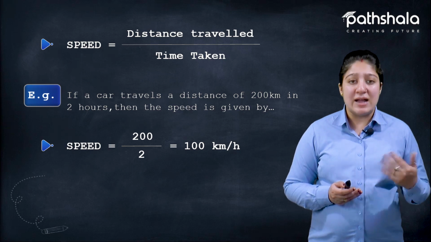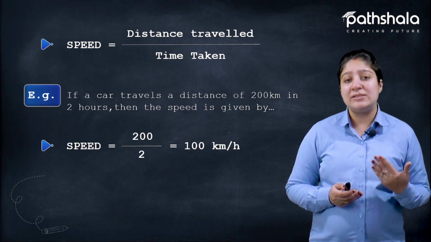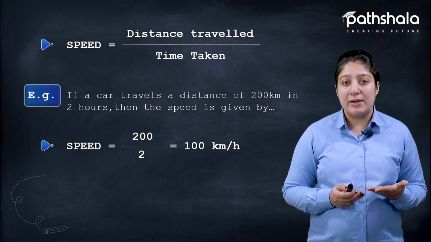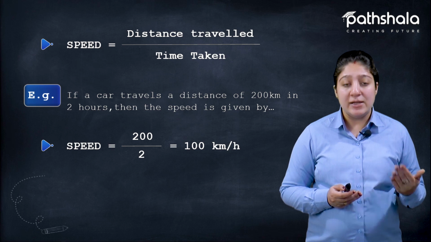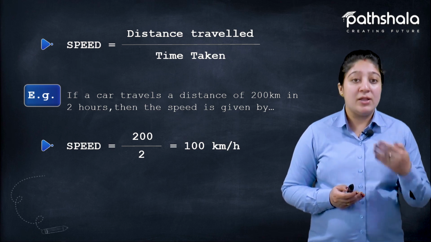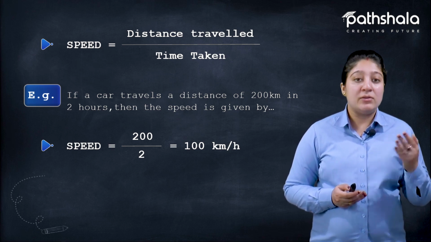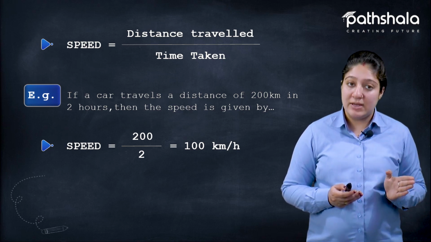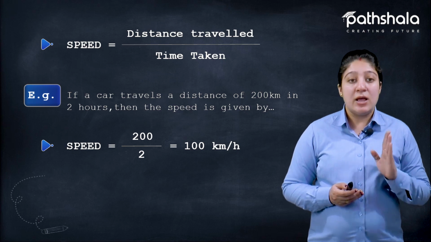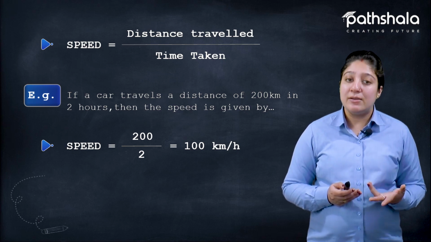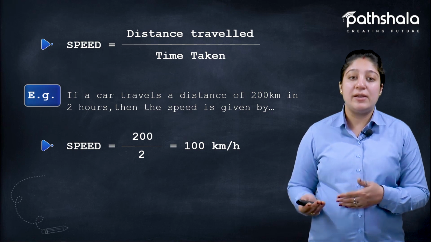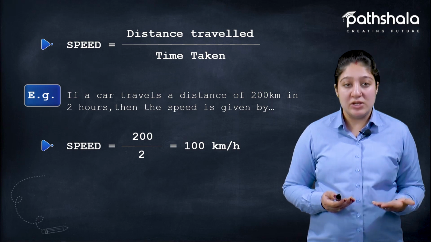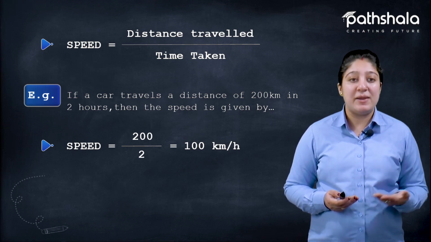If the question asks you to give the speed in kilometer per hour or meter per second, do accordingly. If not, then see these units. If your distance is in kilometer, your time should be in hour, and if your distance is in meter, your time should be in seconds. Then only will you get the right answer, otherwise you're going to get a wrong answer. So that is how you need to do the calculation while calculating the speed of an object.